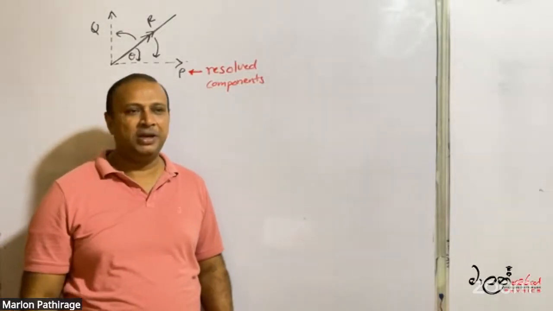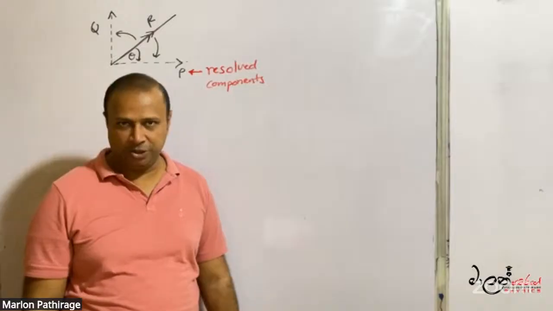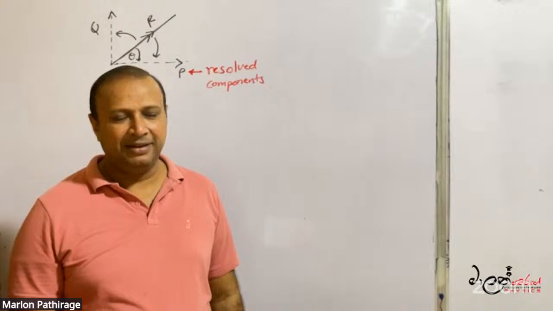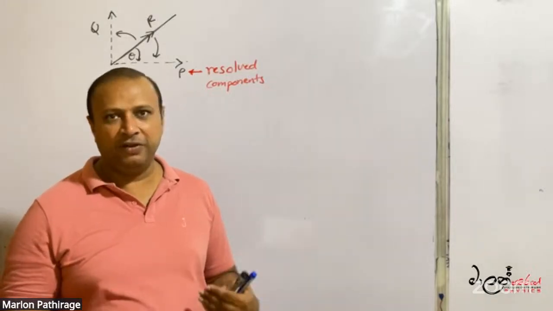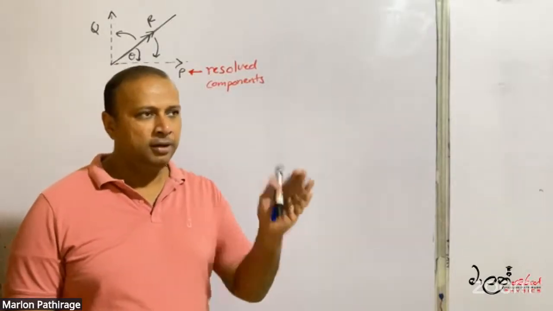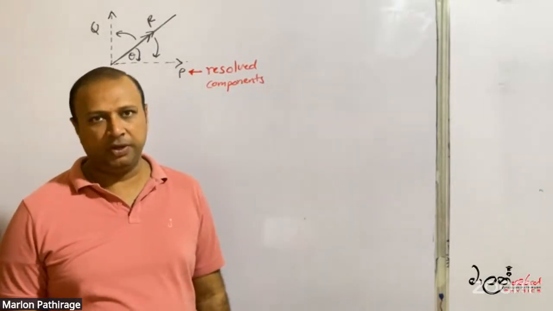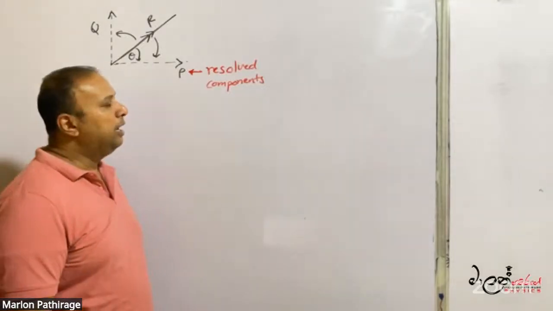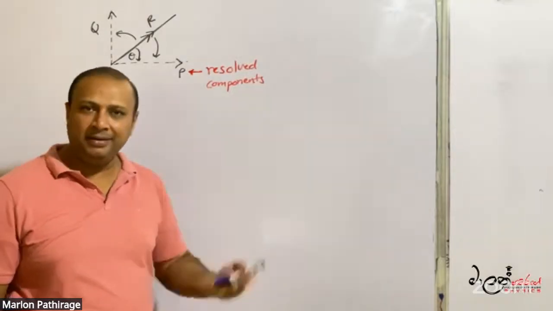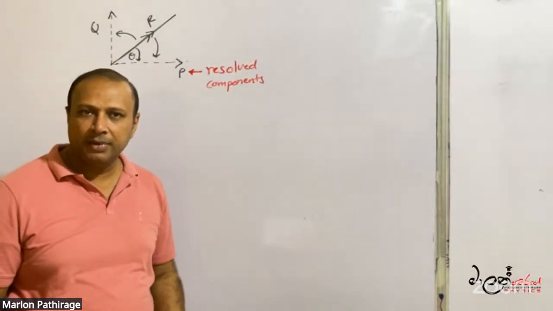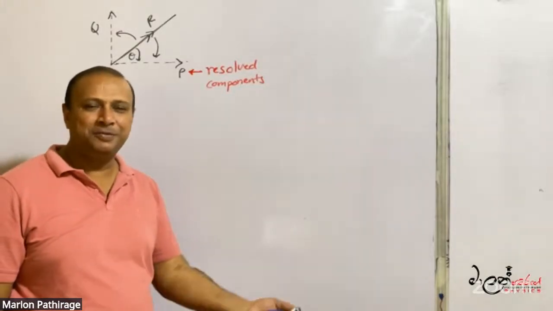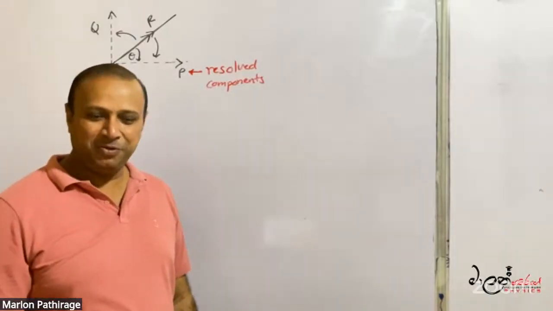You definitely have to apply your trigonometric and geometric knowledge. Therefore, we are given only perpendicular directions. A vector can be resolved into two components in any direction, but according to our syllabus, we are given only two perpendicular directions.